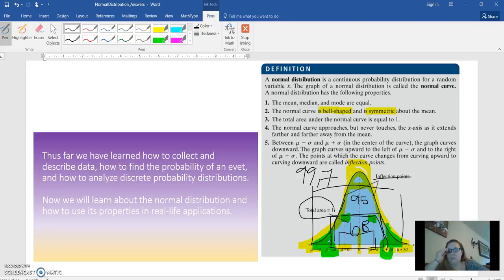That means 99.7, and so it's approaching 100%. It can never get to 100% because the majority of the time we don't have the entire population.